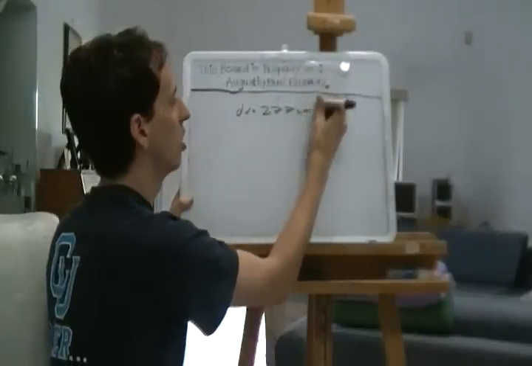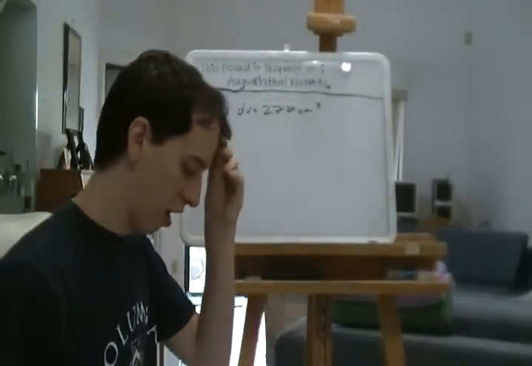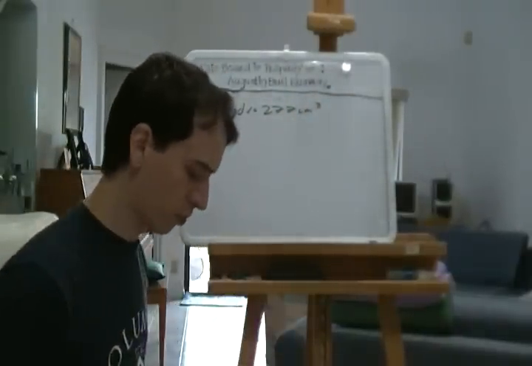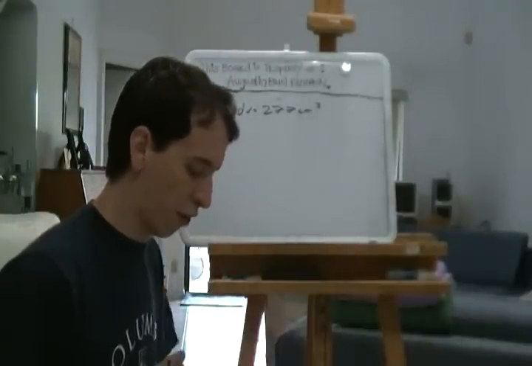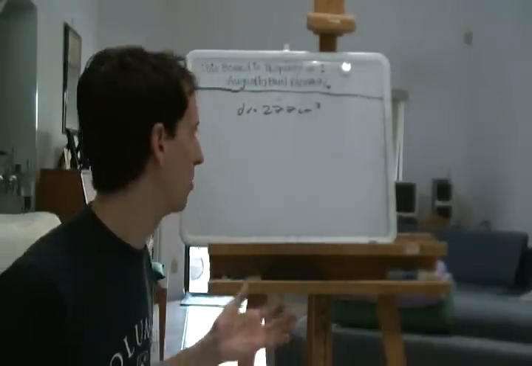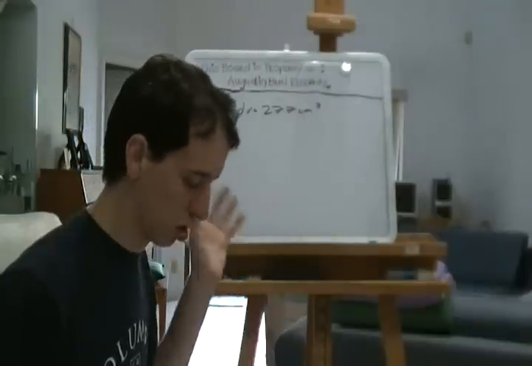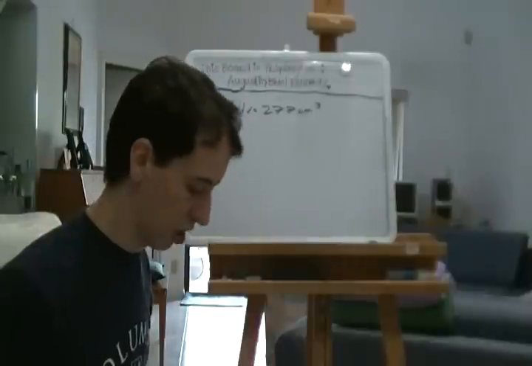Now, if we take dV equals 277 centimeters cubed, we have another thing that we can figure out called the relative error. This 277 centimeters cubed, if the radius is 21 centimeters, that's a huge error ratio.